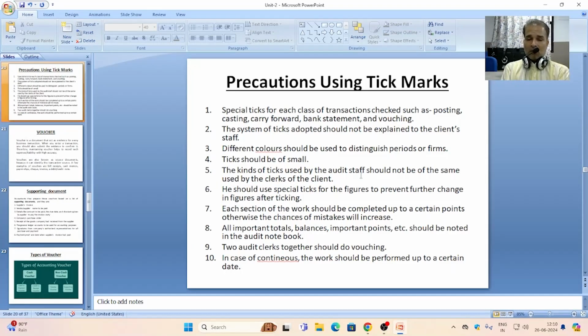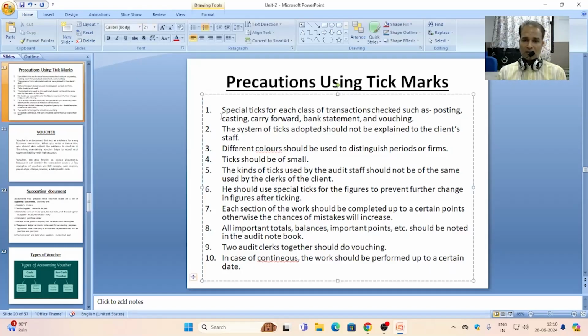During the audit assignment, using tick marks, the auditor has to be very careful. He has to take some precautions in using audit tick marks. What are they? Let me discuss. First, the auditor has to use a special tick for each class of transactions checked, such as posting, casting, carry forward, bank statement, and voucher.